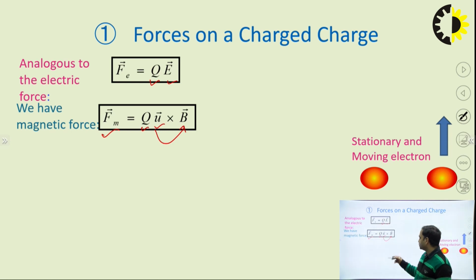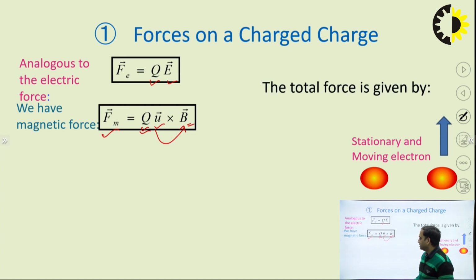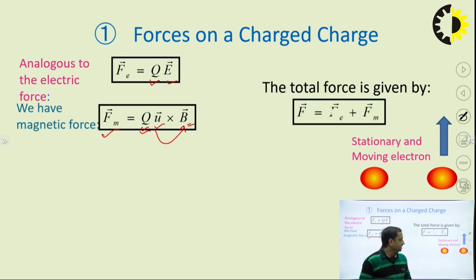So the source for this magnetic field is separate, and into it the charge Q is moving with velocity U. In that case the total force can be calculated. So what is the total force? The total force will be Fe plus Fm, right?